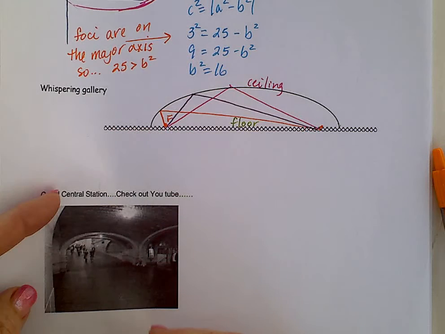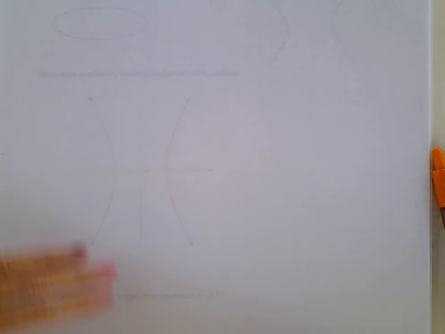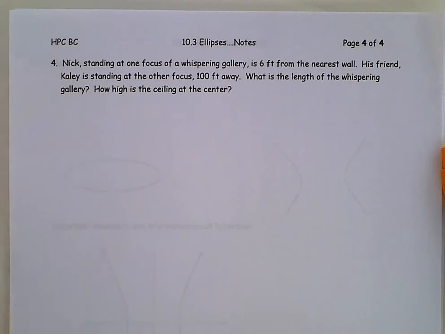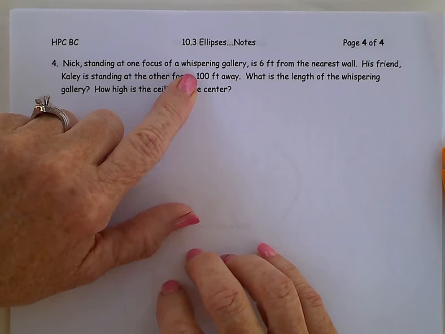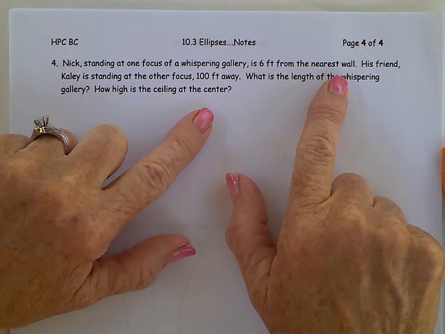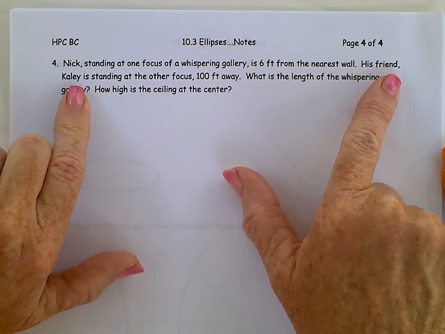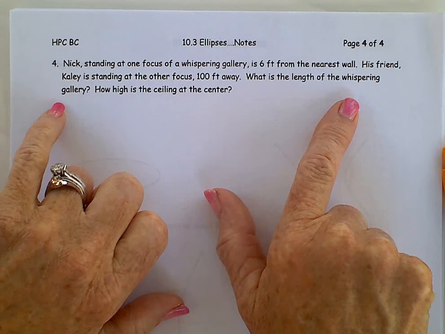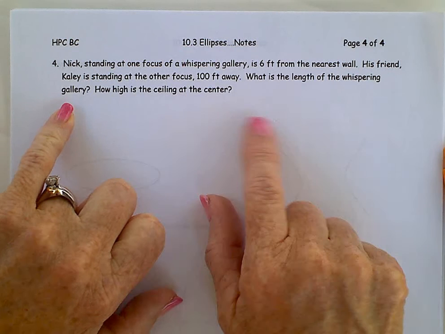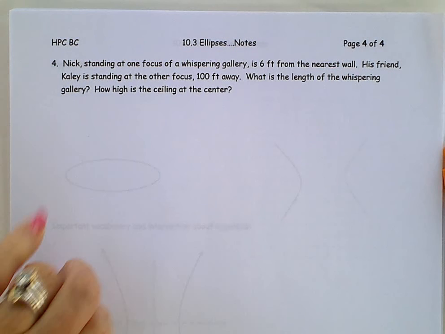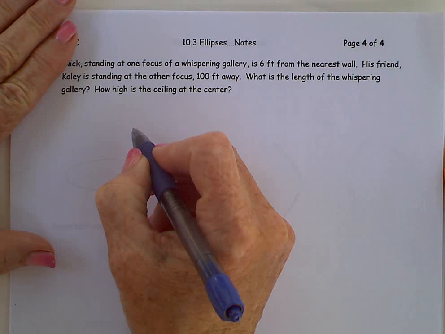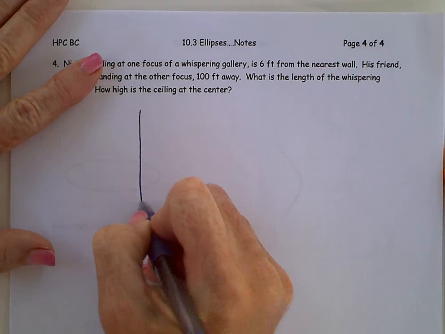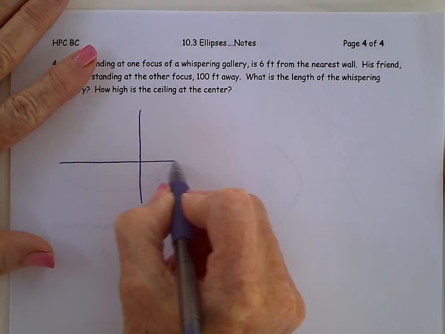But let's take a look at this example that says we have a young man, Nick, who is standing at one focus of a whispering gallery, and he is 6 feet from the nearest wall. His friend Kaylee is standing at the other focus 100 feet away. What's the length of the whispering gallery and how high is the ceiling at the center? So let's draw a whispering gallery, and we'll put it on an axis.